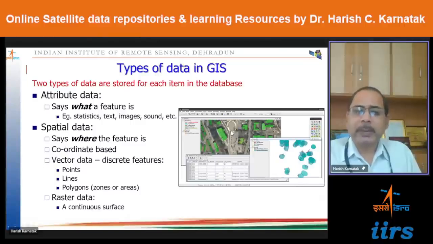Suppose you are taking satellite-based observations, or maybe observations through drones or aircraft. So you will capture an image, either through optical sensors or maybe microwave or thermal sensors. If I take the example of optical sensors, this image looks like a normal photograph taken by my mobile or any camera. In these photographs, I can identify different geographical features like buildings, roads, trees, and many other features.